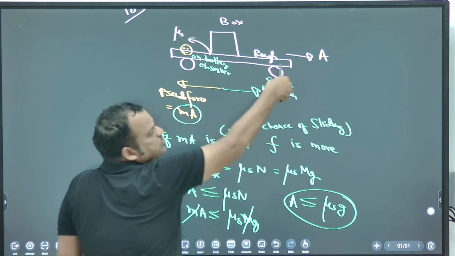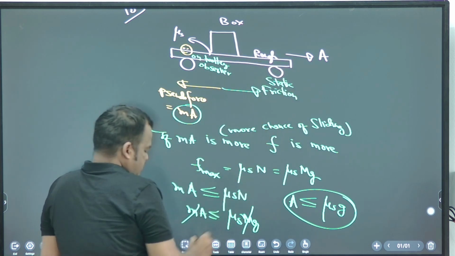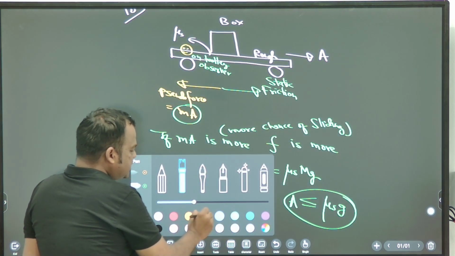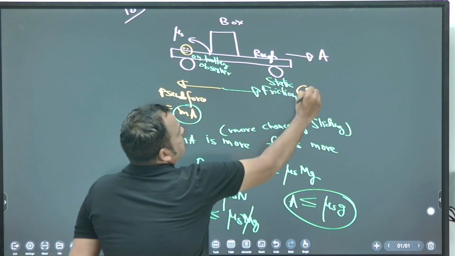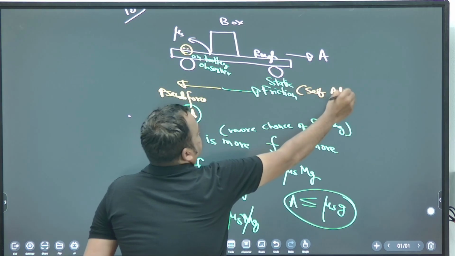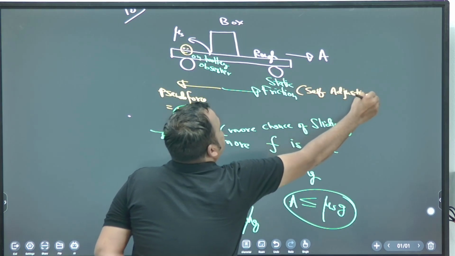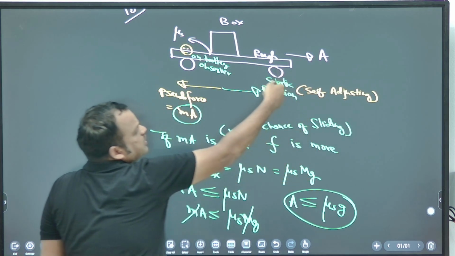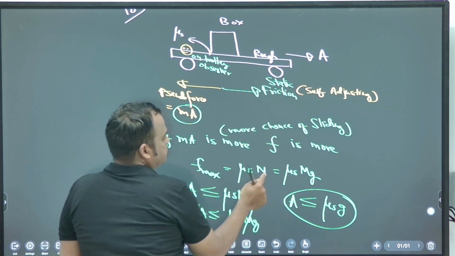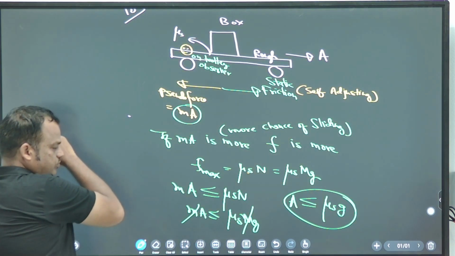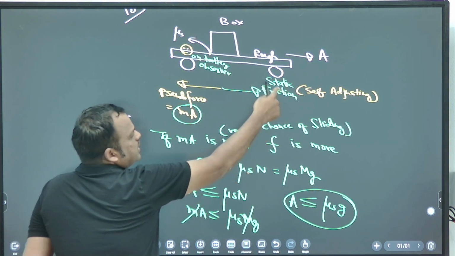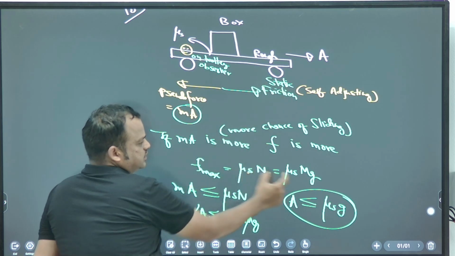So friction will also increase. Static friction is self-adjusting, correct? So what is the minimum value of static friction? 0. Maximum value mu s N.